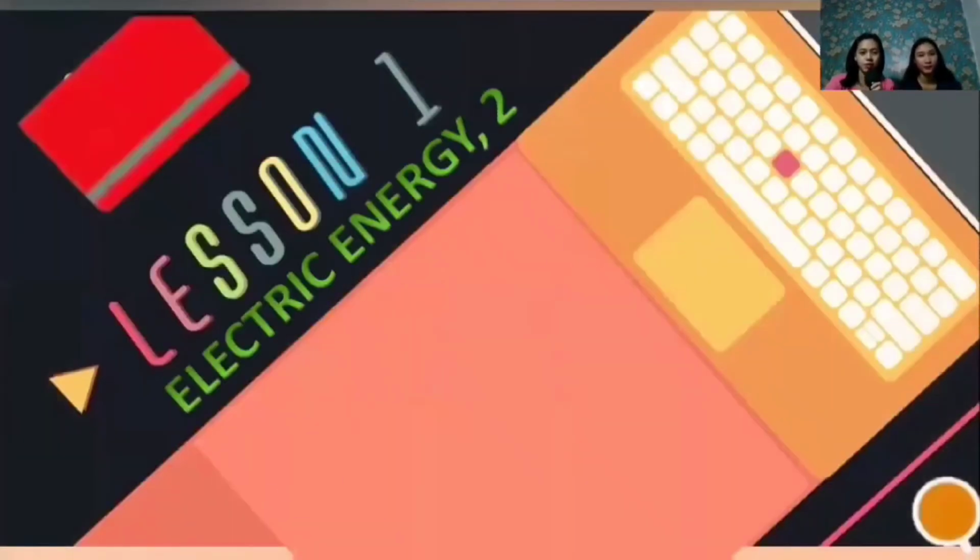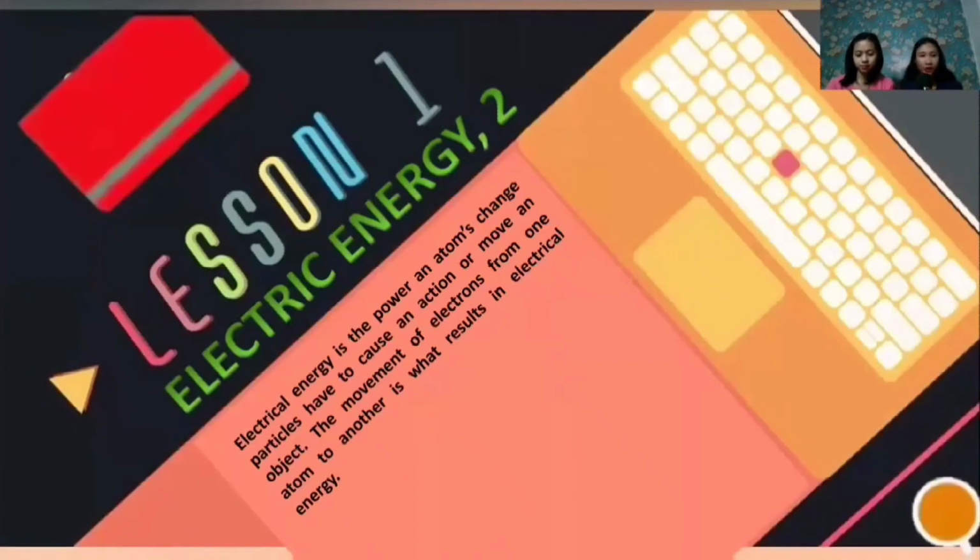Lesson 1, Electric Energy. Electrical energy is the power an atom's charged particles have to cause an action or move an object. The movement of electrons from one atom to another is what results in electrical energy.